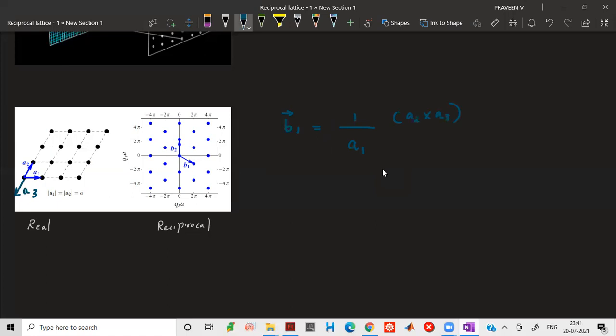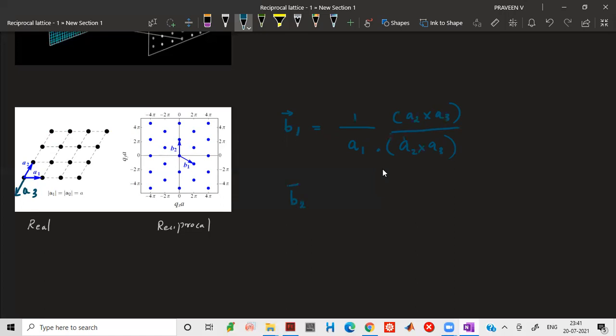Sorry, A2 cross A3 will be perpendicular to both A2 and A3. And we only need the direction. So we take the cross product here. This will give the direction of B1.